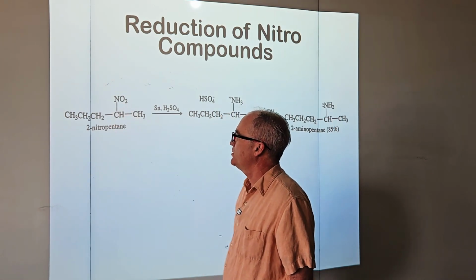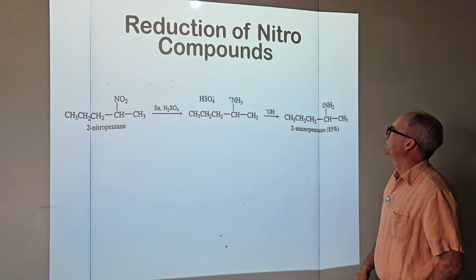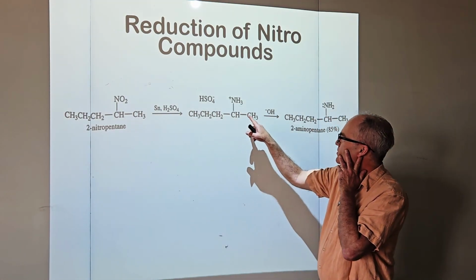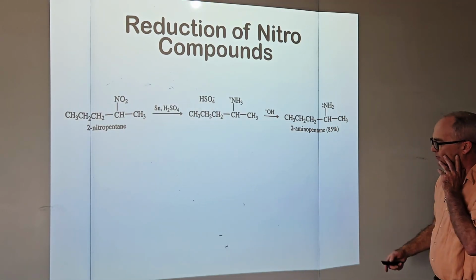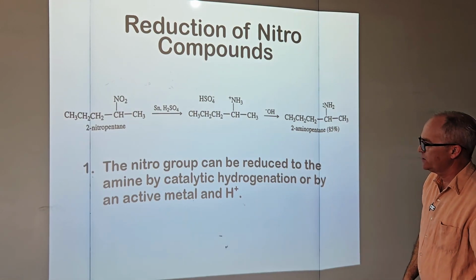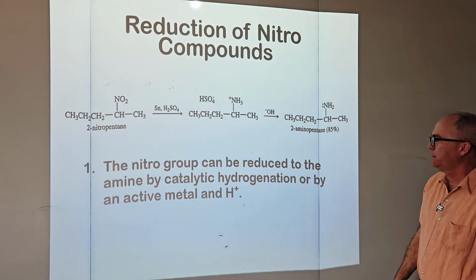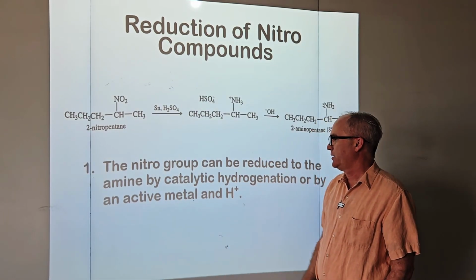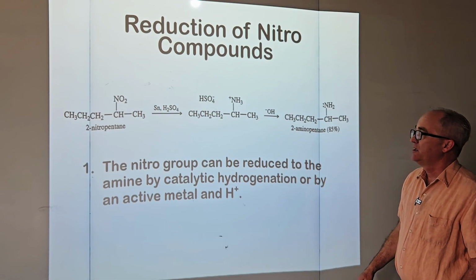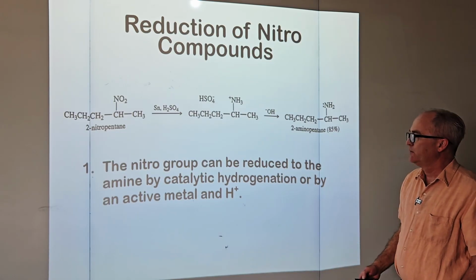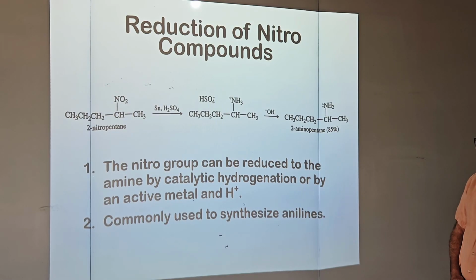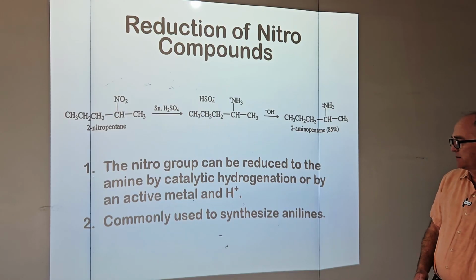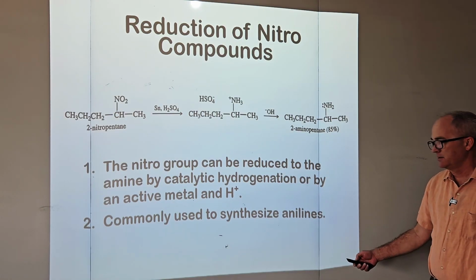So if we can just replace 2 oxygens with 2 hydrogens, under these conditions it's protonated, so now we deprotonate it. So the nitro group can be reduced to the amine by catalytic hydrogenation or by an active metal under acidic conditions. I think there are even more reducing agents commonly used to synthesize anilines.